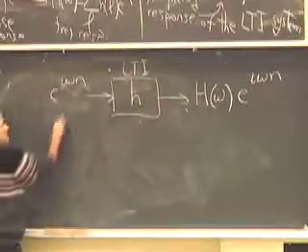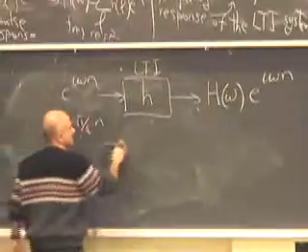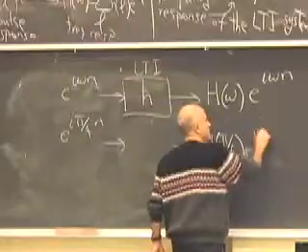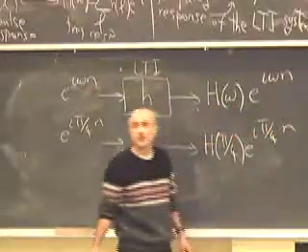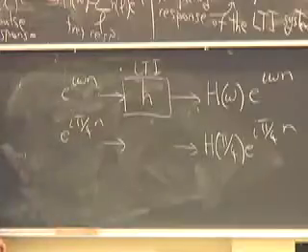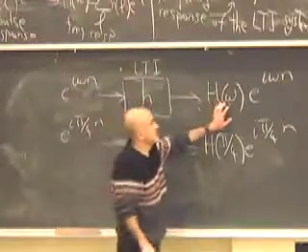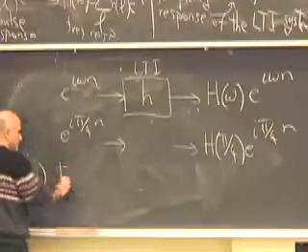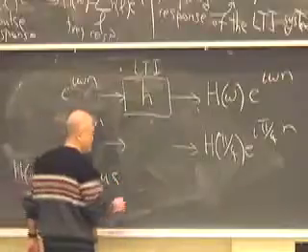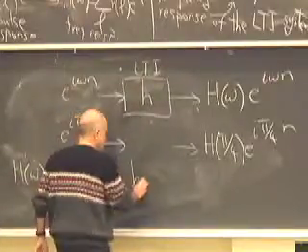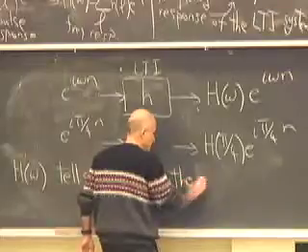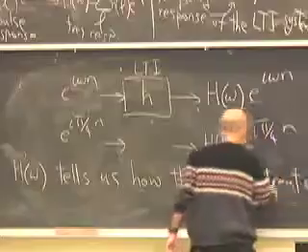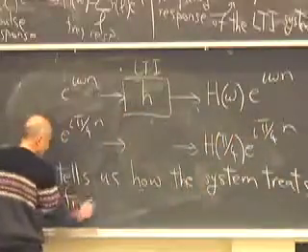So if I send in, for example, e to the I pi over 4 n, I get out h of pi over 4, e to the I pi over 4 n. This frequency response tells you how the system treats frequency omega.